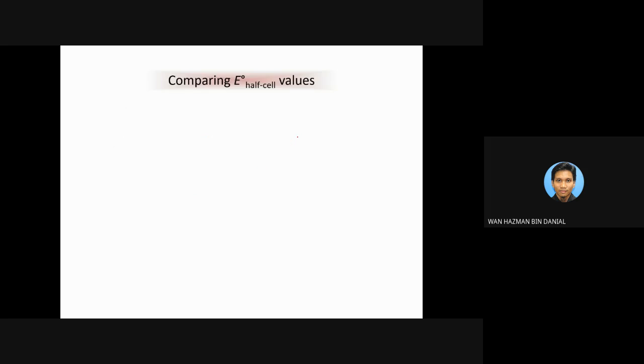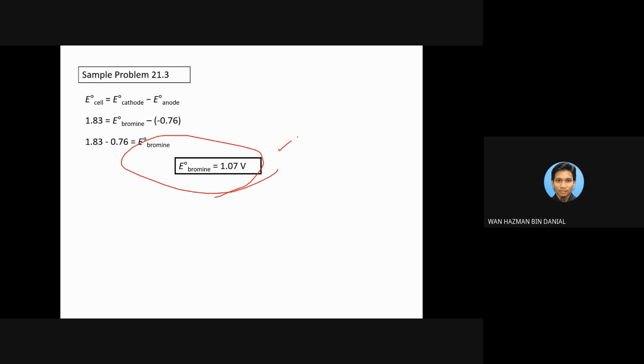The negative sign turns into positive, and then we can get E bromine. So far clear regarding this equation? Any unclear? So far clear, Doctor. Okay, good.